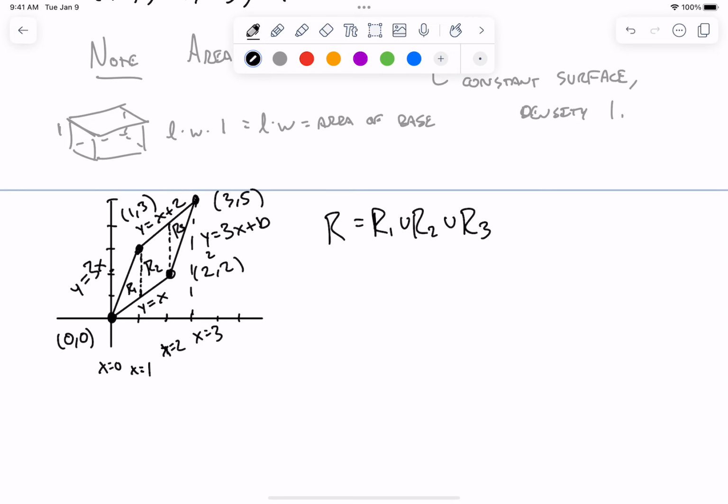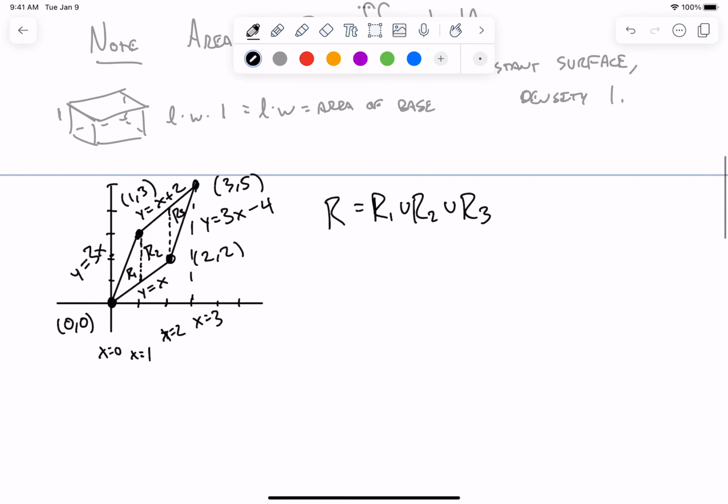So if you put 2 for y and 2 for x, then we have 2 equals 6 plus something, so negative 4. There we go. So 3x minus 4 is that last y. You could check it by plugging those points in: for example, 3 in for x, 3 times 3 is 9, minus 4 is 5. So there's 3 comma 5. So there we have the functions that form the boundary of our parallelogram.